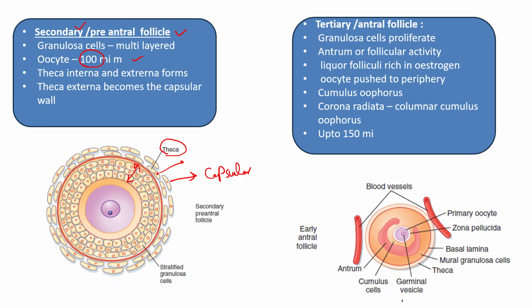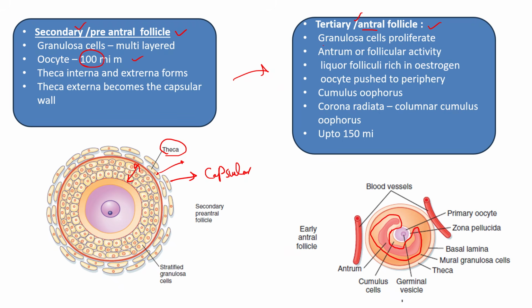Now it modifies into the next stage called tertiary follicle or antral follicle. Antrum is the space. So the space that is developed in the follicle is called antrum.